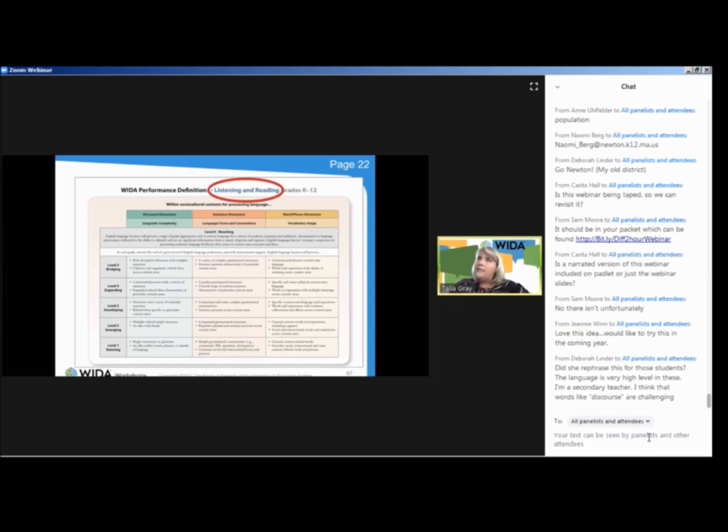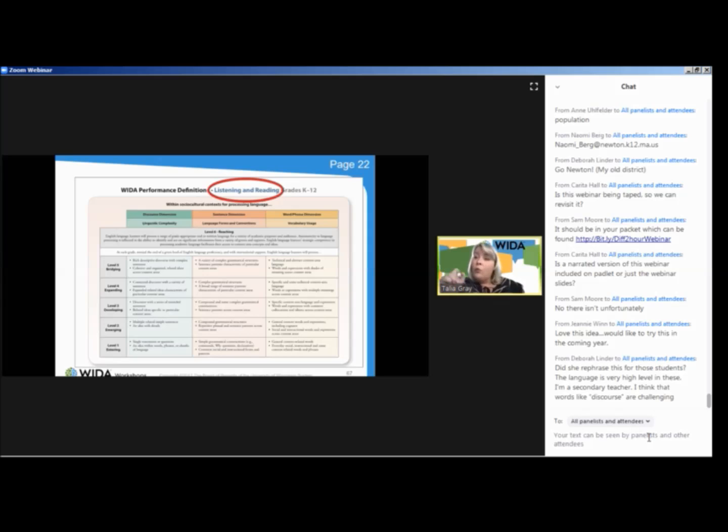If I were teaching secondary, I would probably still try to use these words, but just give a little more background about what they mean. So for example, let's say your student's name is Elizabeth. Okay, Elizabeth, this is where you are in level 3 in the word dimension.